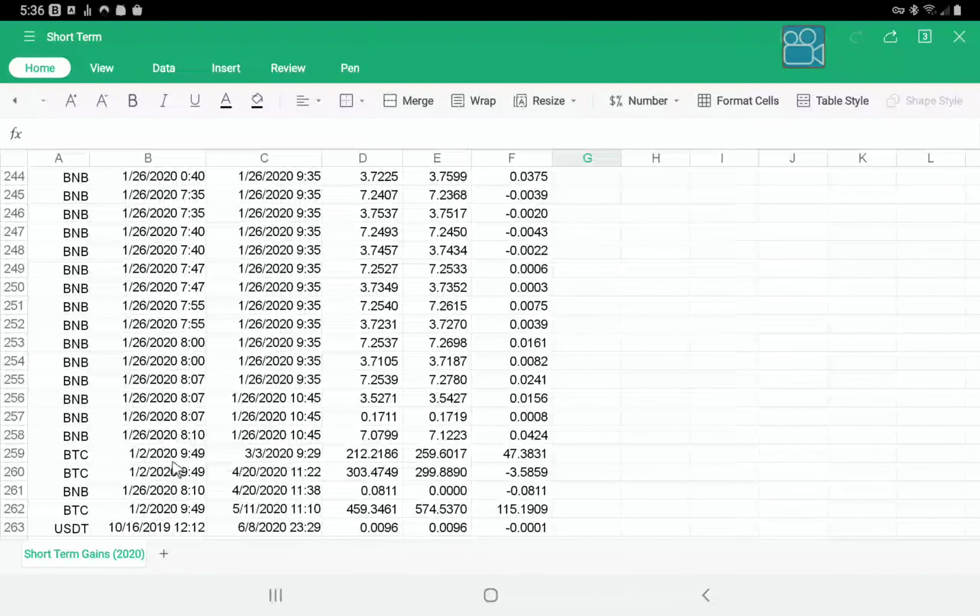This is a nice little bump for just holding it. Okay, so let's see. End of January. Okay, this picked up.